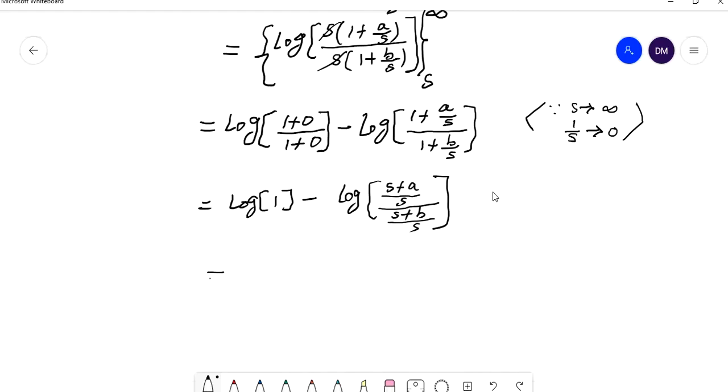Then log 1 value is 0, minus, here s is cancelled, so we get log of s plus a by s plus b.